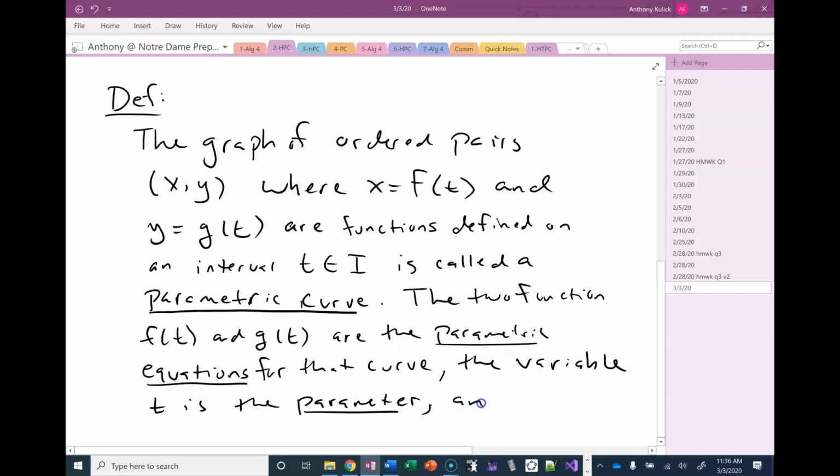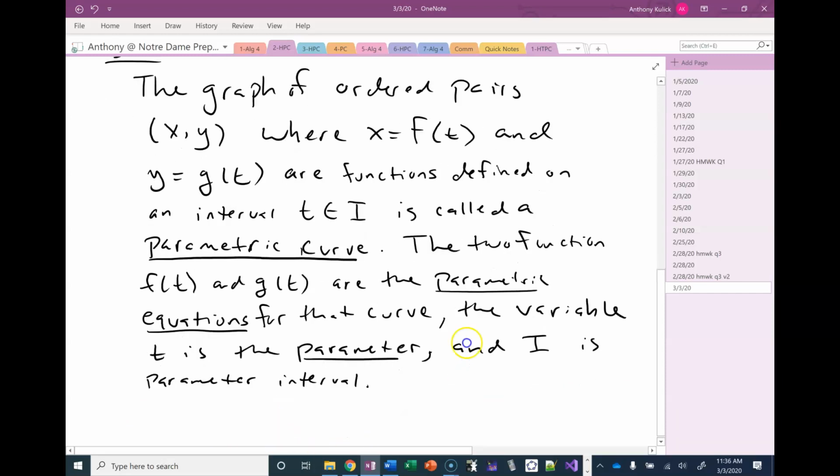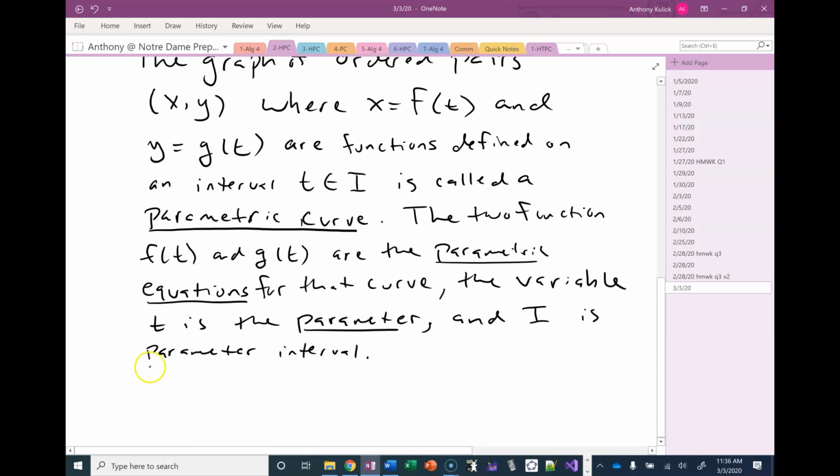And we say that the interval I is the parameter interval. So that's a lot of just vocab there, right?